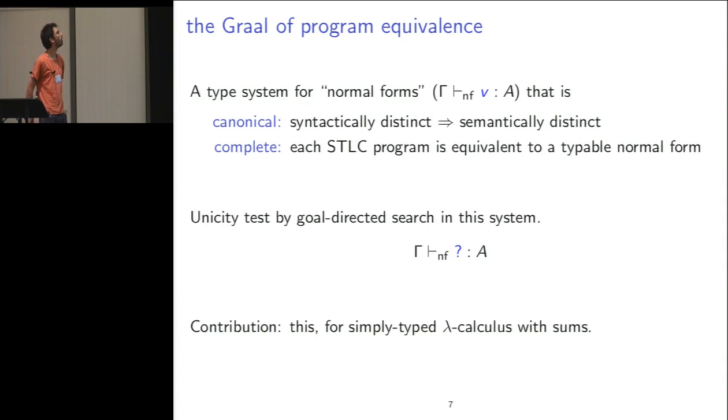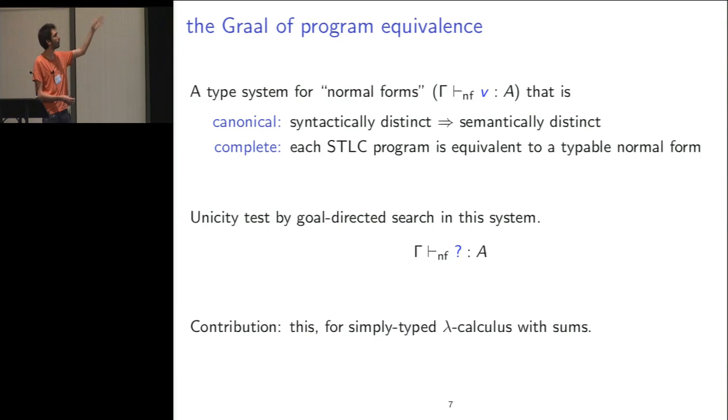So more precisely, we are looking for a type system for some notion of normal form that is canonical in the sense that if you have two syntactically distinct normal forms, they are inequivalent. They are semantically distinct. Of course, an easy way to get that is to have the type system that rejects all programs. So we also ask for it to be complete. So each program in the source system should be equivalent to a normal form in this restricted system.